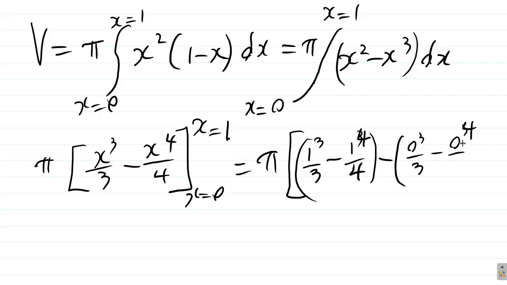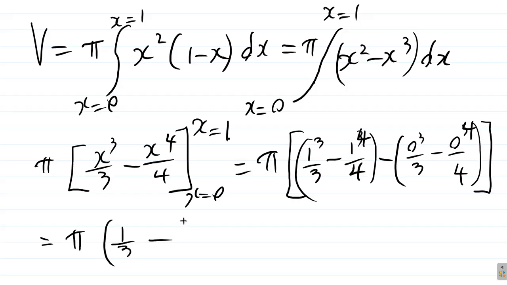Alright, my mistake there, it is over 4. So it is pi times 1 cubed over 3, which is 1 third, minus 1 to the fourth over 4, which is 1/4, minus 0, because this will amount to 0.